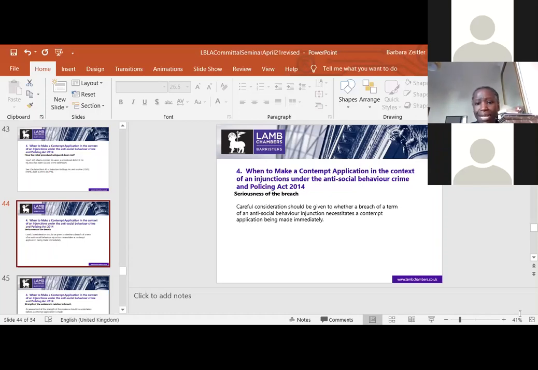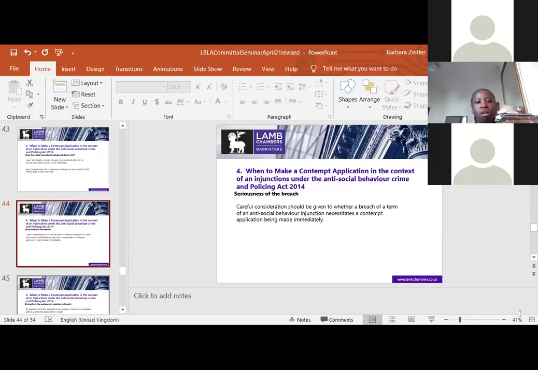So as I've highlighted, if there is serious conduct where there is a risk of harm to somebody, then there should be no hesitation in pursuing a contempt application. But where there has been a single breach of an antisocial behaviour injunction dealing with low-level nuisance, and when I say low-level nuisance, I use again the example of noise nuisance, of course there is a spectrum of nuisance even on that scale, but where it's relatively low level, I don't think it's always advisable to seek to bring contempt proceedings for a single breach.